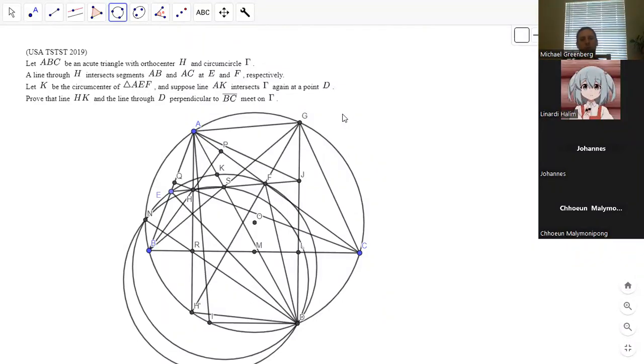So really we want to show HK is a median of AHJ. Can we find what the symmedian is? Doesn't seem that easy.